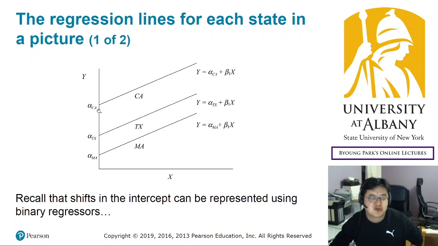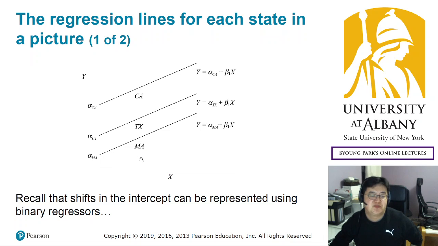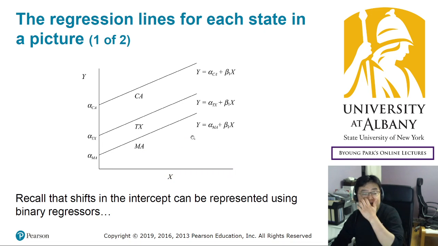So for unobserved variables, California has just a higher outcome, but Massachusetts has a lower outcome due to unobserved reasons. This is exactly the same idea as in the earlier example.